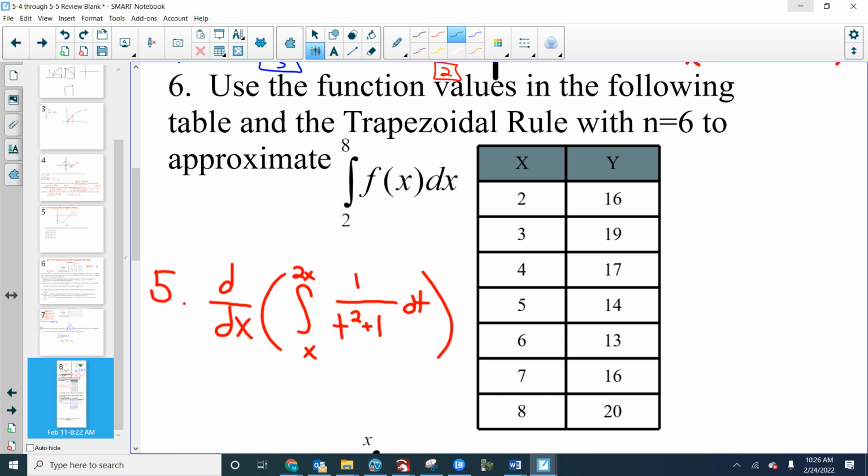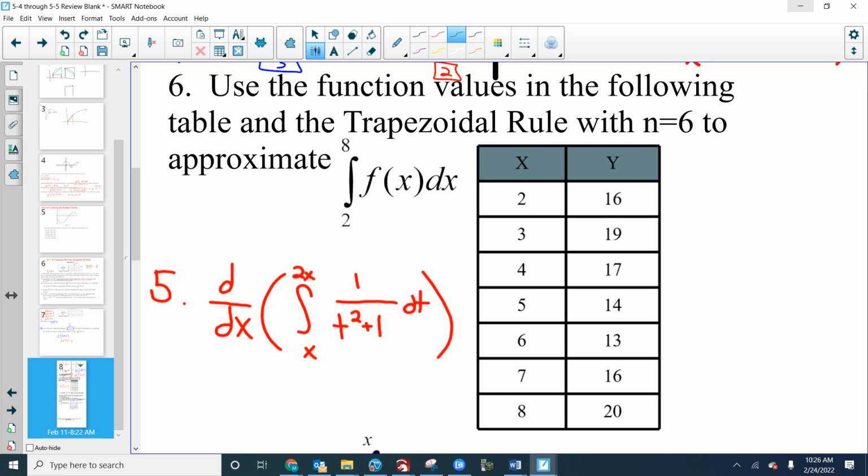Do you know what big F is of that? No. Do you guys know what big F of t is? Doesn't matter because we're taking the derivative of the big F, so we're going to get back to this.